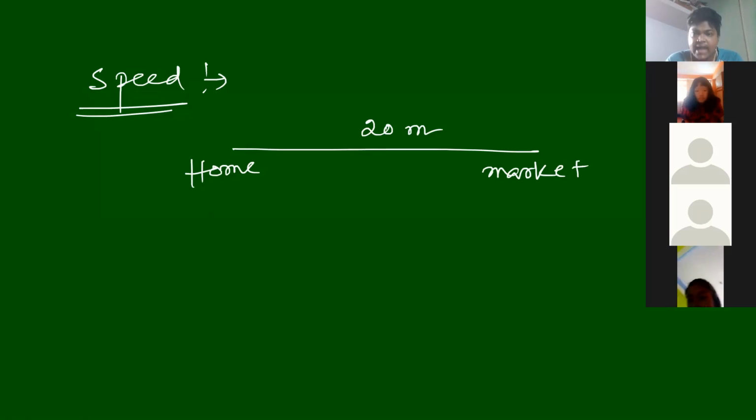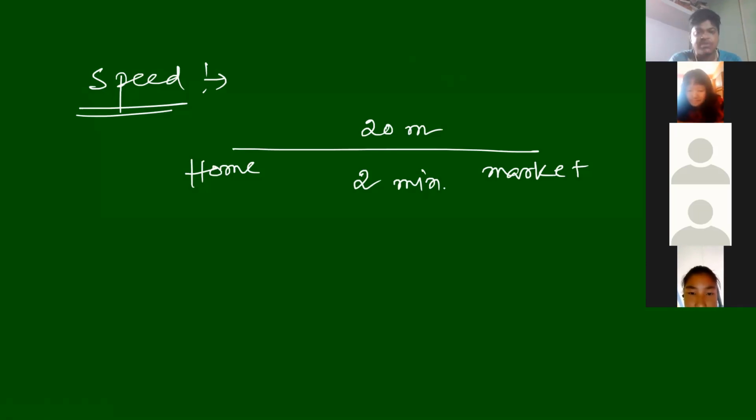I am covering that distance in 2 minutes. So here, from the home I have to travel to the market, the distance between the home and the market is 20 meter, and I am covering that distance in 2 minutes, right?